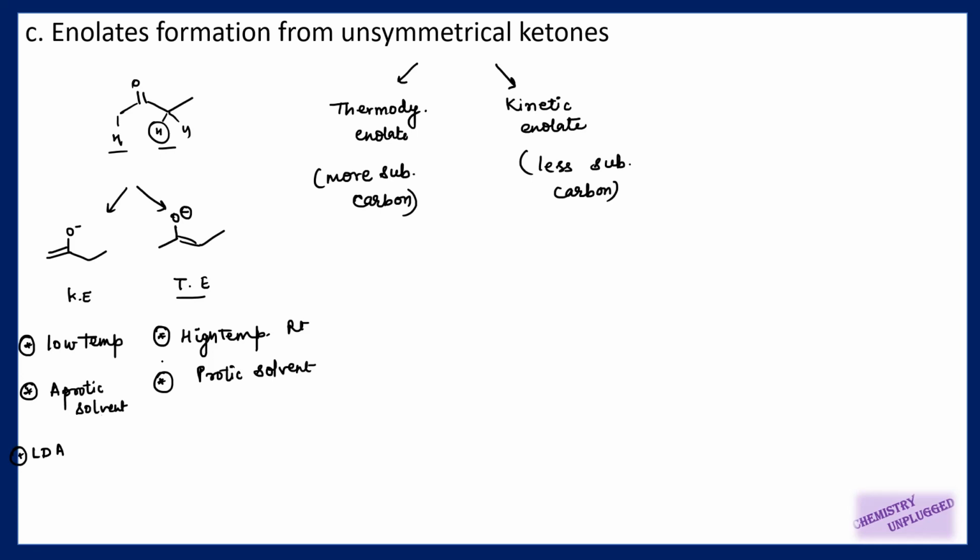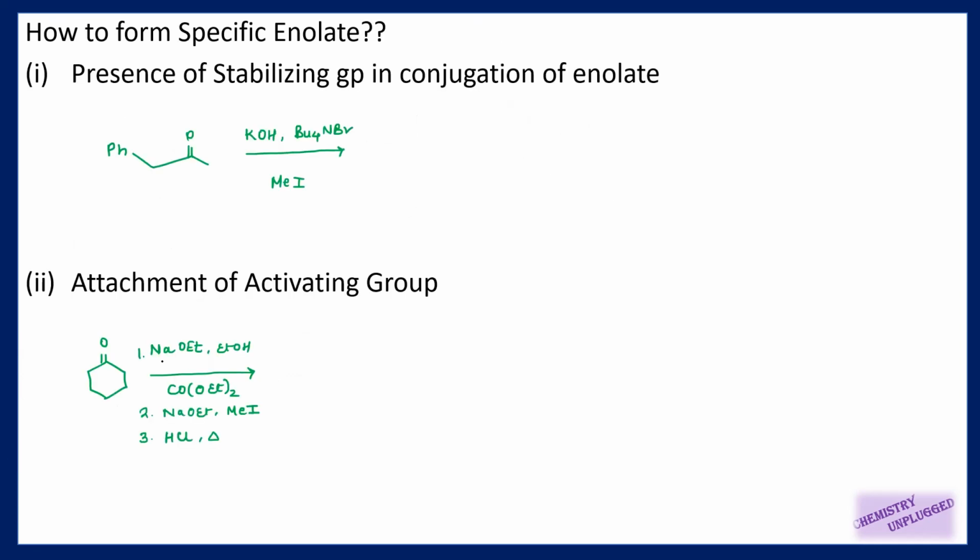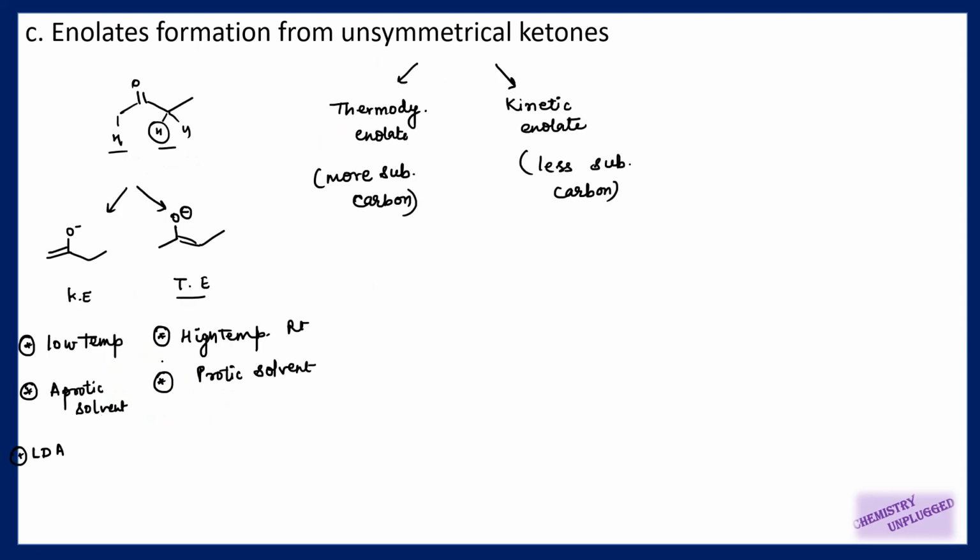So these specific enolates: if you want to synthesize a particular type of compound, suppose I want to synthesize only this compound from this unsymmetrical ketone, that I want alkylation to be done at this carbon, right?